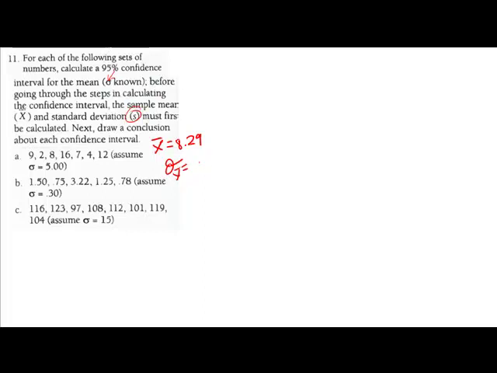So this sigma, if we assume it's equal to 5, divided by the square root of n, where n was 7. 5 divided by the square root of 7 is 1.889, so it's 1.89.